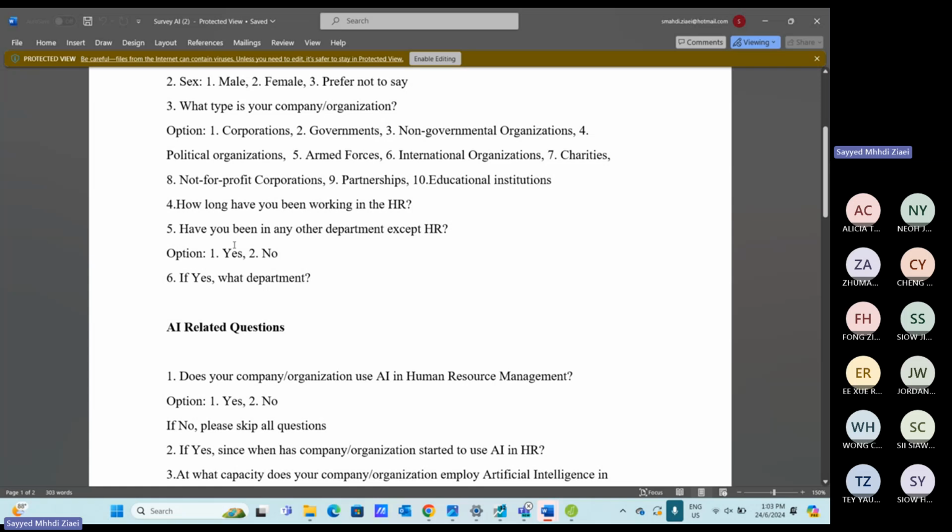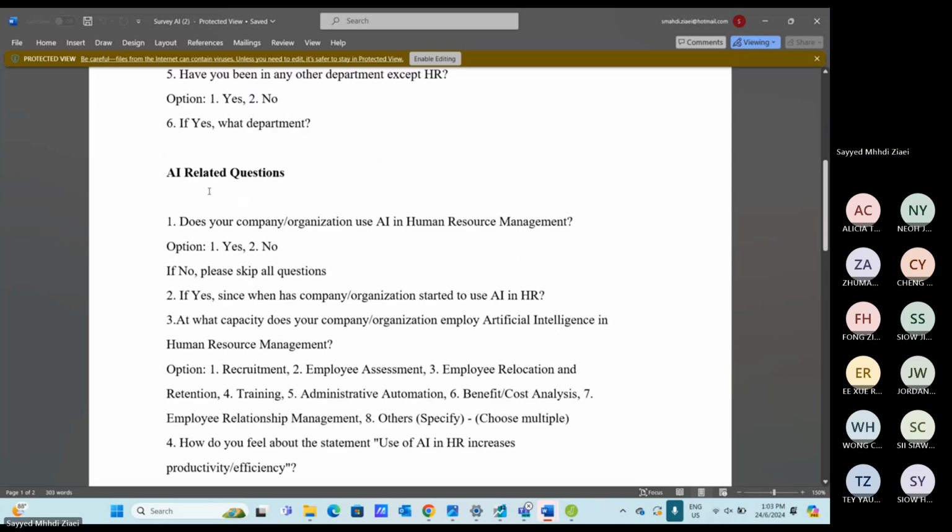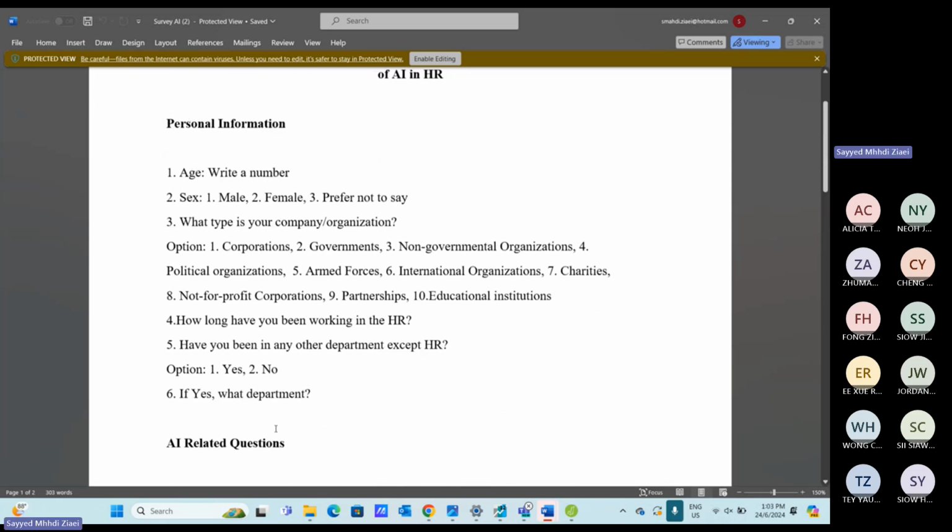Question 5, have you been in any other department except HR? Option 1, yes. Option 2, no. Question number 6, if yes, what department? Now, this one is the general or demographic question that you have in your questionnaire as well.